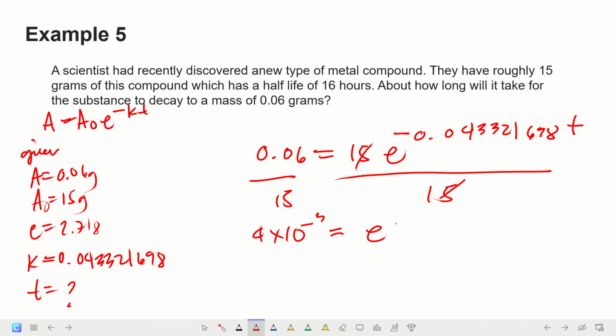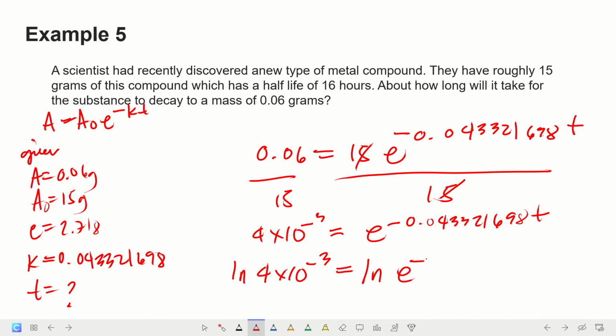So, e raised to negative 0.04332168 times t. So, we can now express this into logarithm. So, the natural logarithm of 4 times 10 raised to negative 3 is equal to the natural logarithm of e raised to negative 0.04332168 times t.